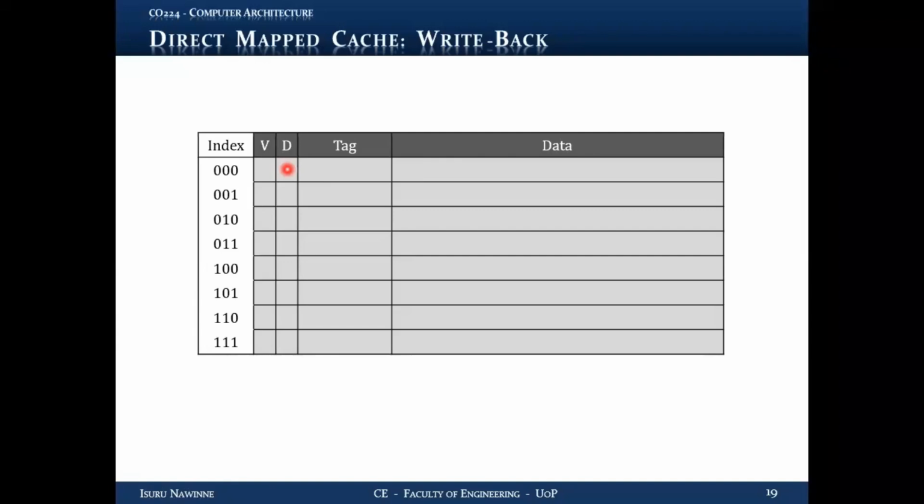If you have a miss, then the cache controller will have to consider this dirty block before replacing that cache entry with the new block. So that is the concept behind the write back policy. That is this new added array in your cache structure.